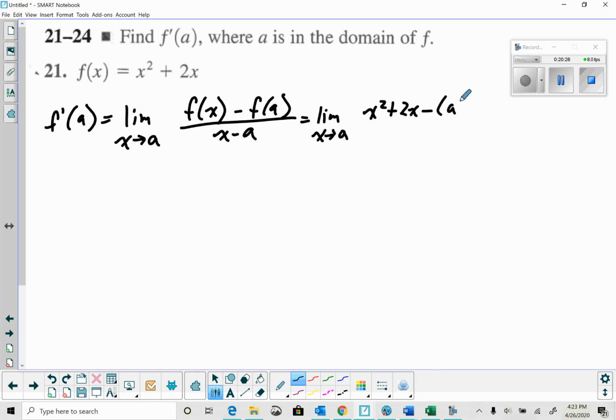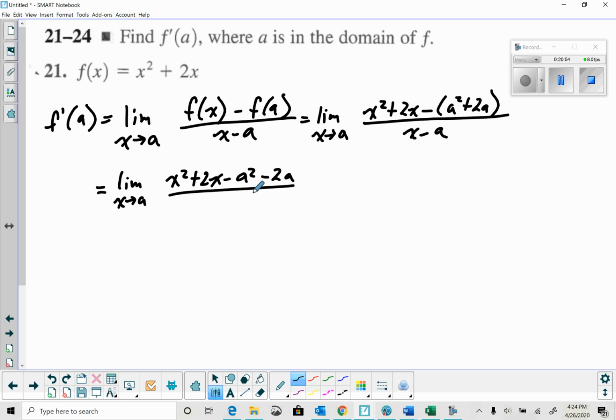So that gives us a squared plus 2a over x minus a. Let's get rid of that set of parentheses there. So this is the limit as x approaches a of x squared plus 2x minus a squared minus 2a.